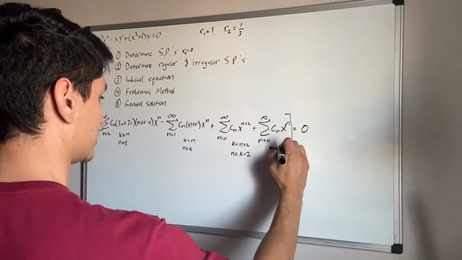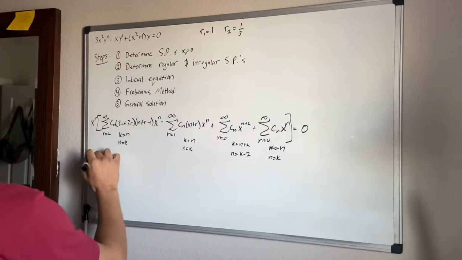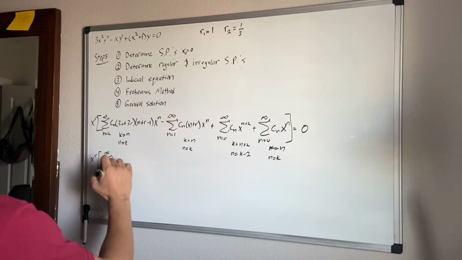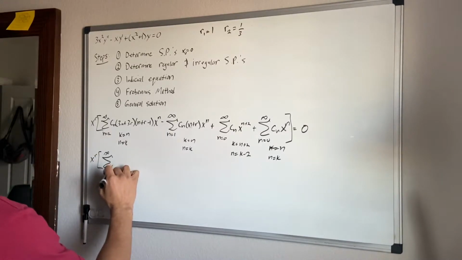K equals n equals k. So we have x to the r times everything else once again. This time, k equals 2 because n equals 2.